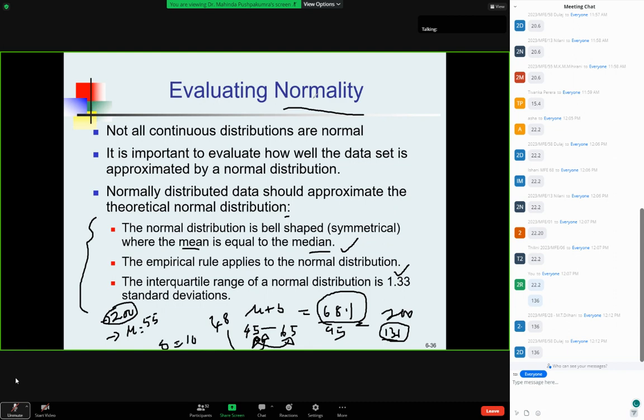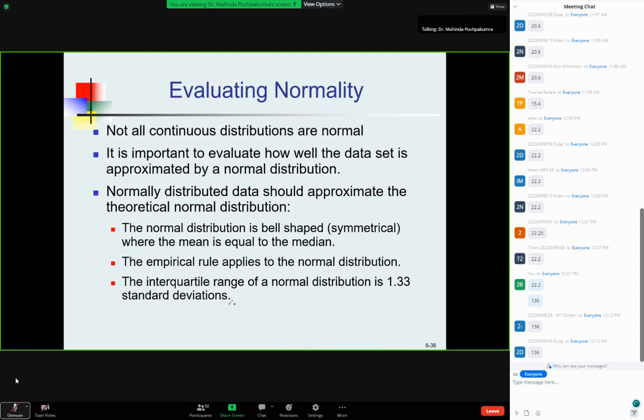Then third is the interquartile range of the normal distribution, which is 1.3 standard deviations. What do you mean by interquartile range? It is the difference between Q3 and Q1.